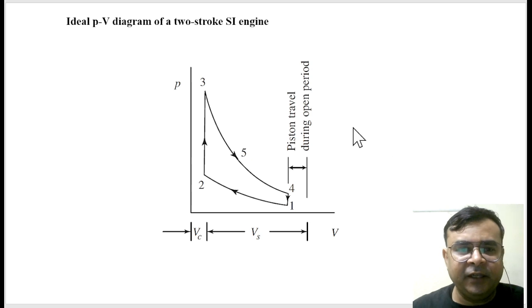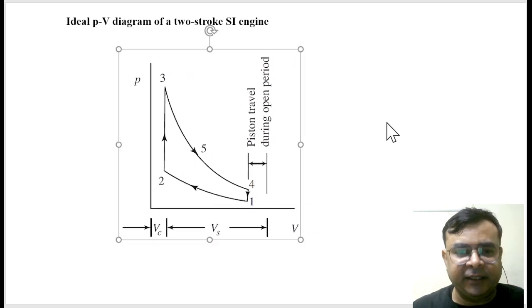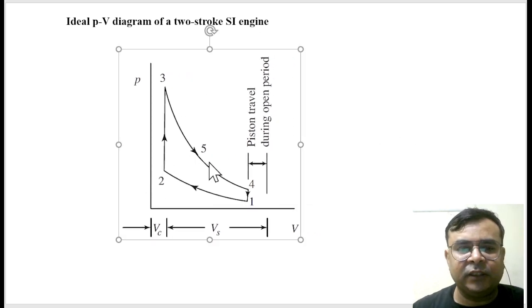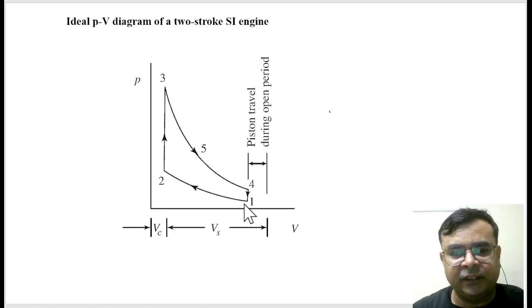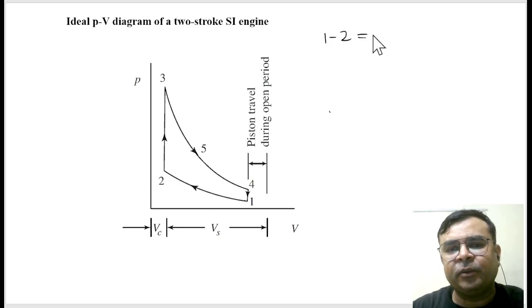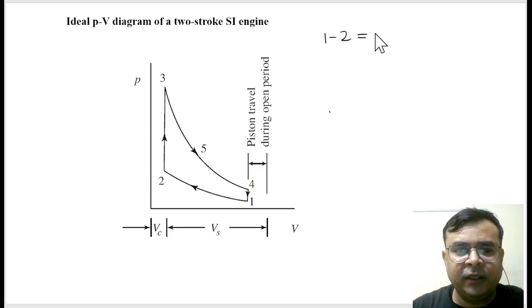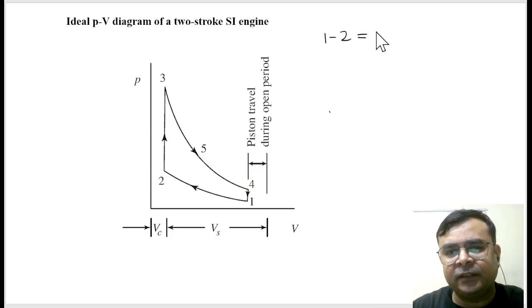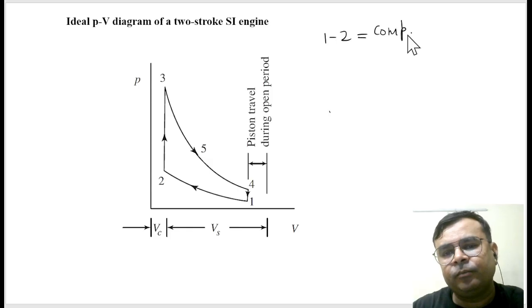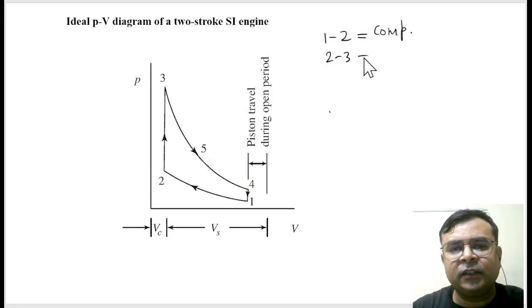Is it right? And you can see this is a PV diagram, the ideal PV diagram for this spark ignition two-stroke engine. Is it right? So the 1 to 2 process represents compression, and the 2 to 3 process represents combustion.